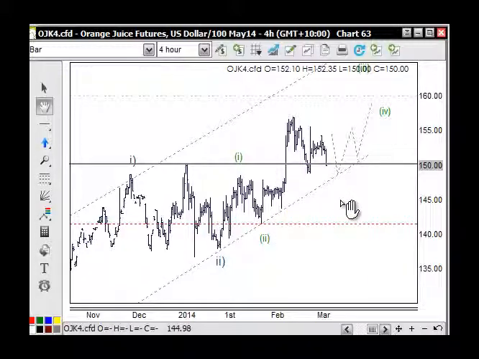But all good, and it is corrective, because this move down through here is in 3 waves, so it can be an A wave, a B wave and a C wave coming in here, and maybe we're looking at a bigger wave structure than I thought to the upside here. But anyway, we just got to wait patiently until that becomes the support.